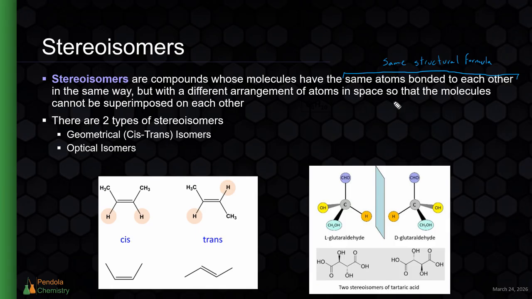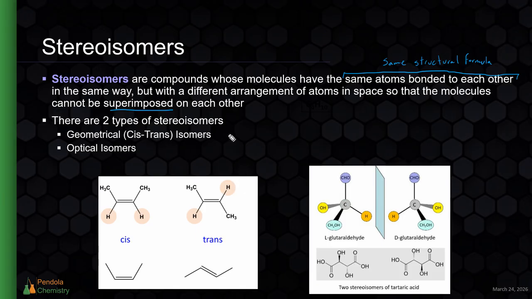What this means is that they have different arrangement of atoms in three-dimensional space, meaning they cannot be superimposed. Even though everything is connected to the same thing, they do not superimpose. They're not the same molecule.